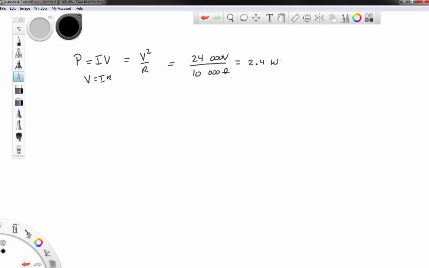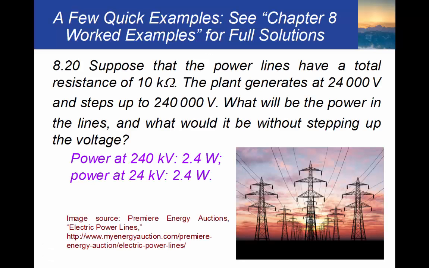Then at output, you've stepped up the voltage to 240,000, but you step down the current to basically 1/10 what it was before, and since P is equal to IV, that would be a factor of 10 decrease, so you're left with 2.4 watts again.